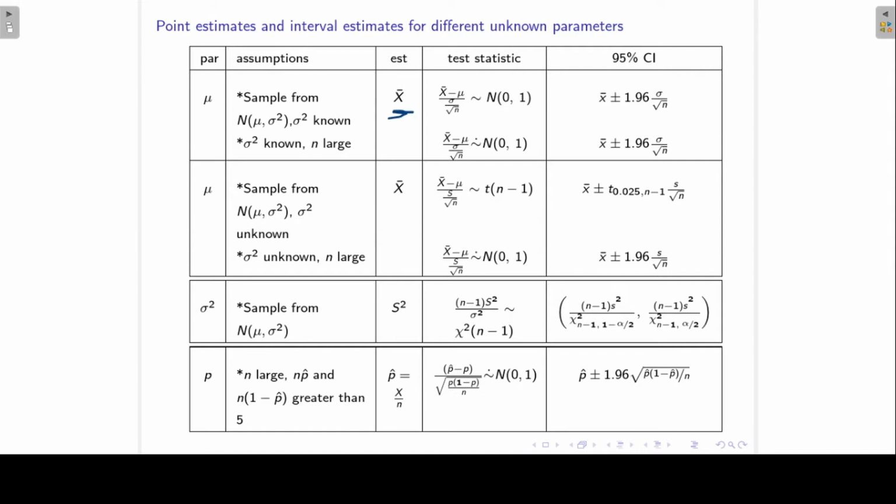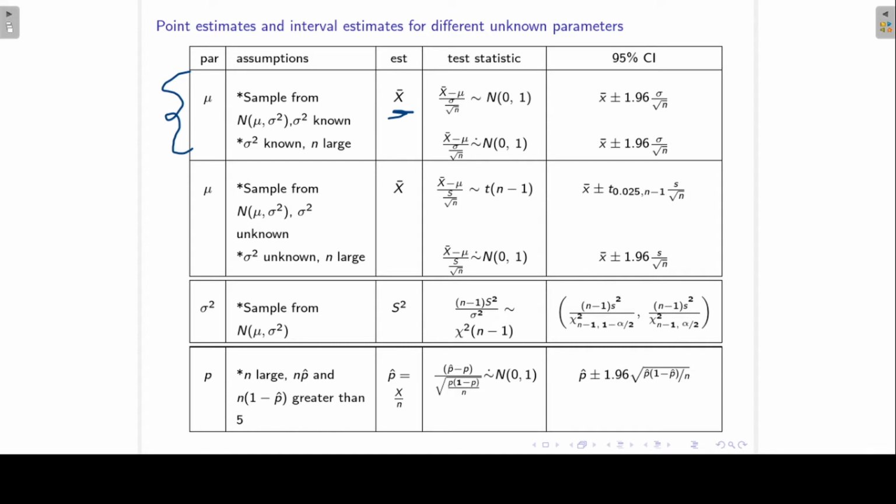The point estimate for mu is x bar, the sample mean. And then to set up the confidence intervals, if you look at this first block here, it is the situation where my population variance sigma squared is known. So for the first situation, we sample from a normal population. My sigma squared is known.